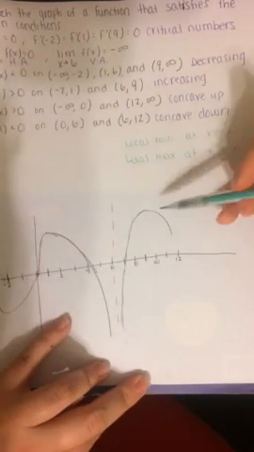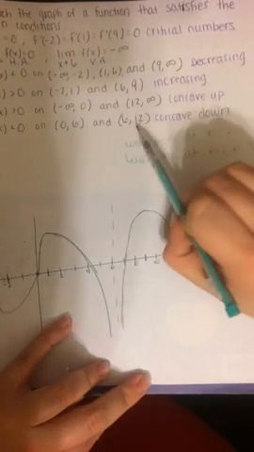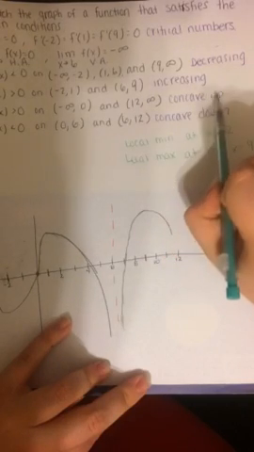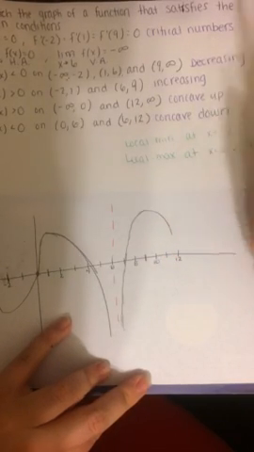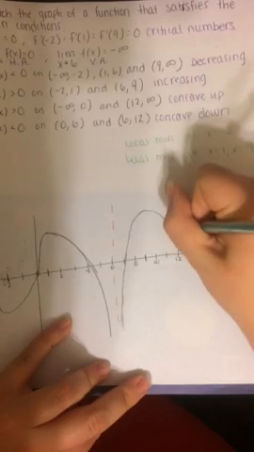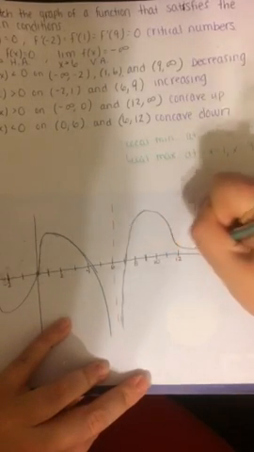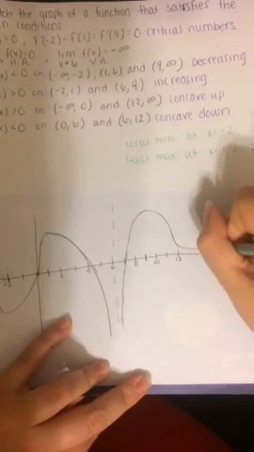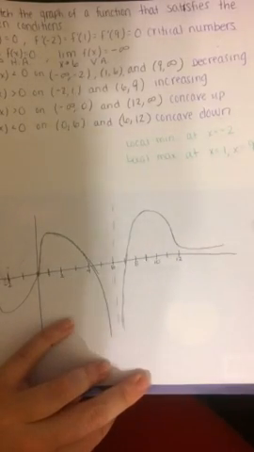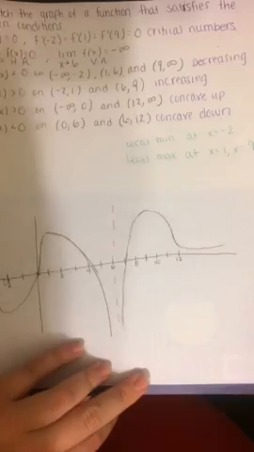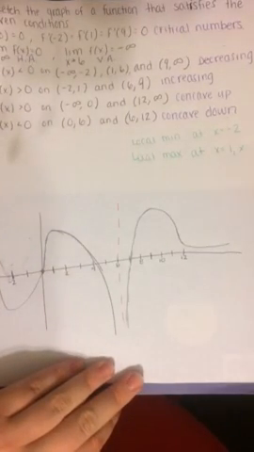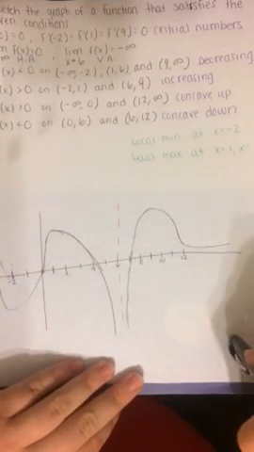It's decreasing, concave down until we get to 12, where it turns to concave up. So decreasing concave up once we get to 12. Then you make it concave up, but it can't touch that, so it just goes on, and we don't really know much past that. So this is what the sketch of the graph would look like.